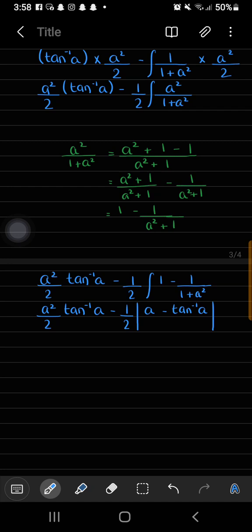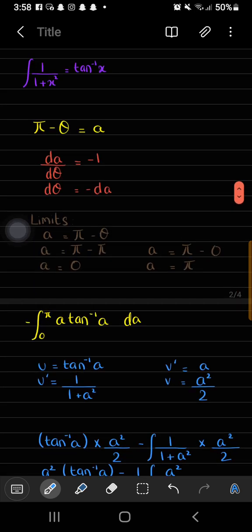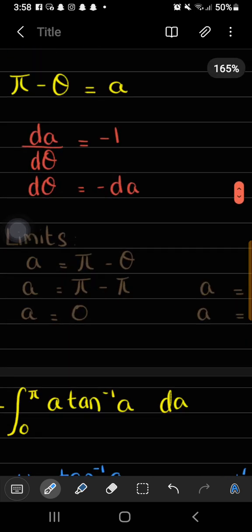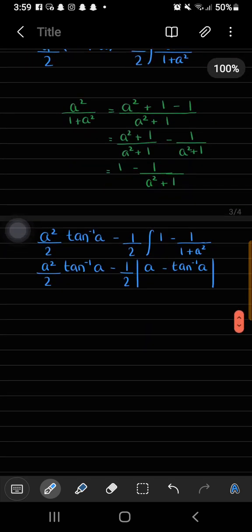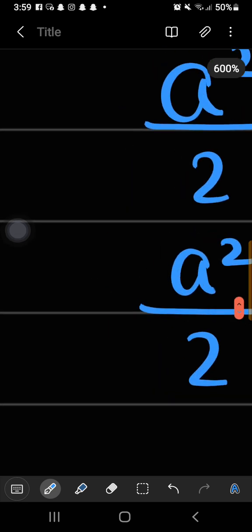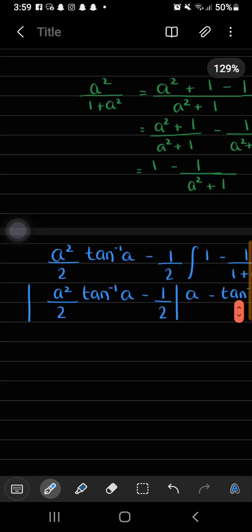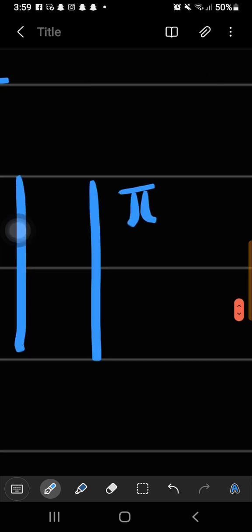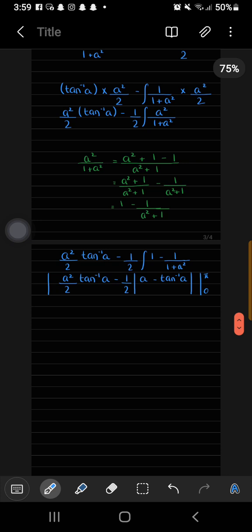Now we just have to do our last step, because we have limits 0 and pi. Now I have to apply the limits. So let's write our limits: pi will be the upper limit and this is 0.